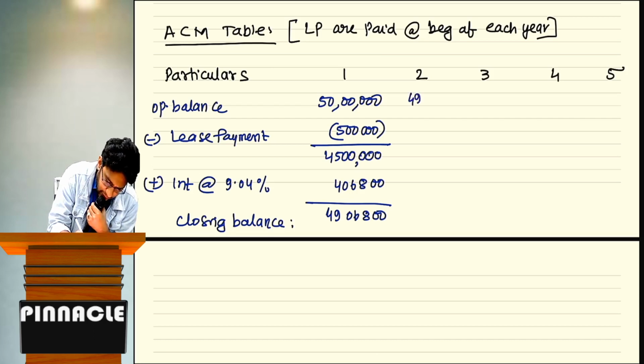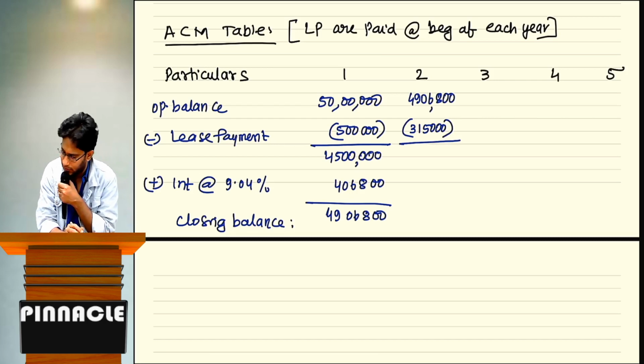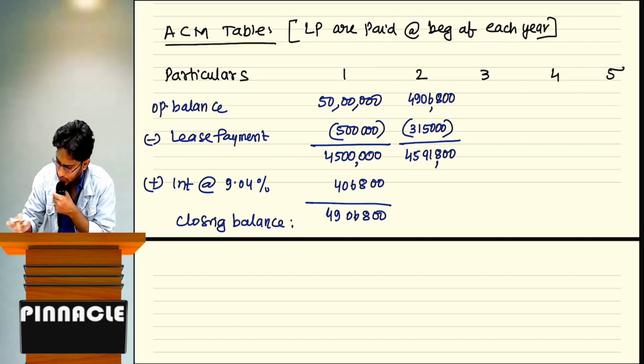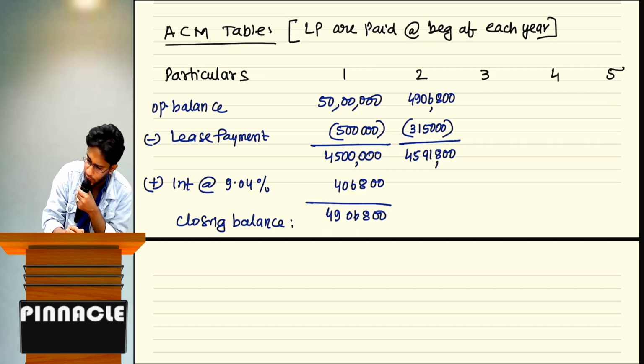Right, next 49,06,800. In the second year, net we are paying only 3,15,000. So it will be 45,91,800. On that 9.04%, 4,15,099.